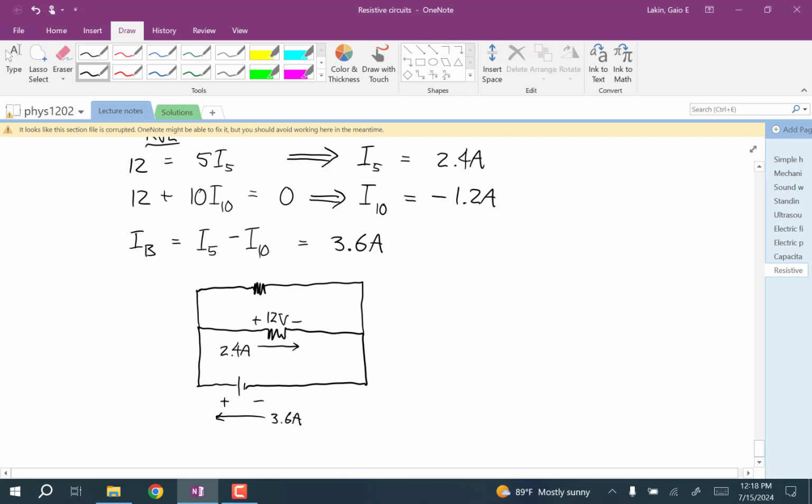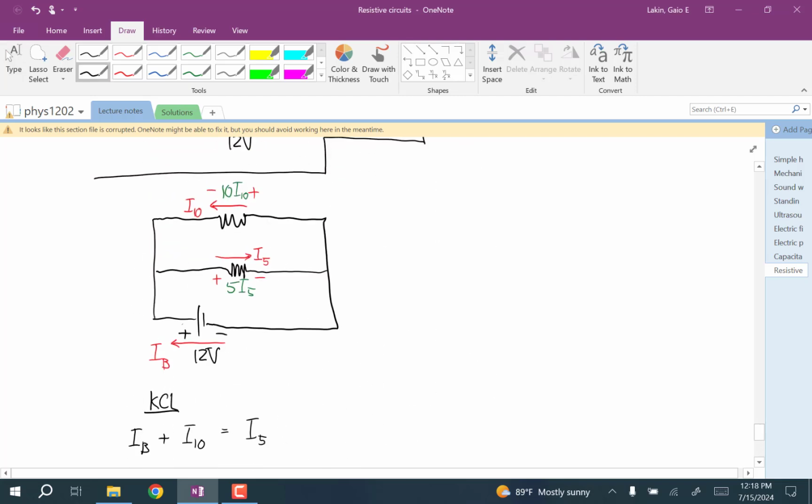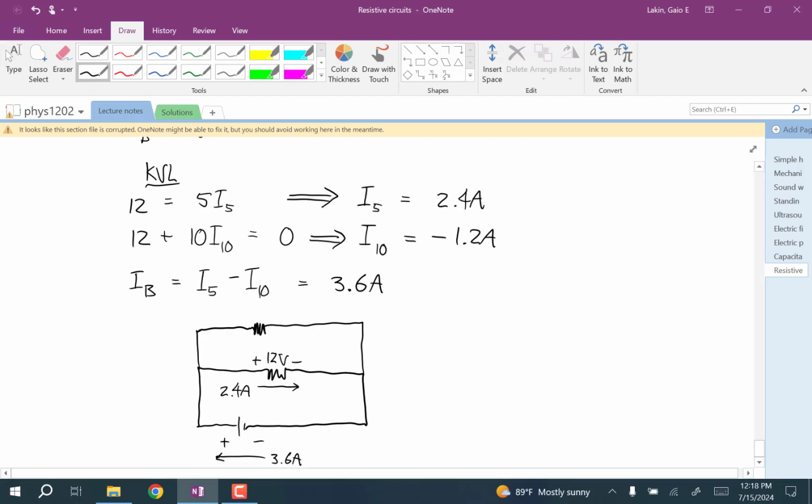And this one, since we got a negative current when we assumed it was going to the left, now we know it's going to the right. Its value is 1.2 amps. The drop has to be in the direction of the current. And we have 10 times 1.2 is 12 volts. Cool, right? It's self-correcting if you follow the steps right.